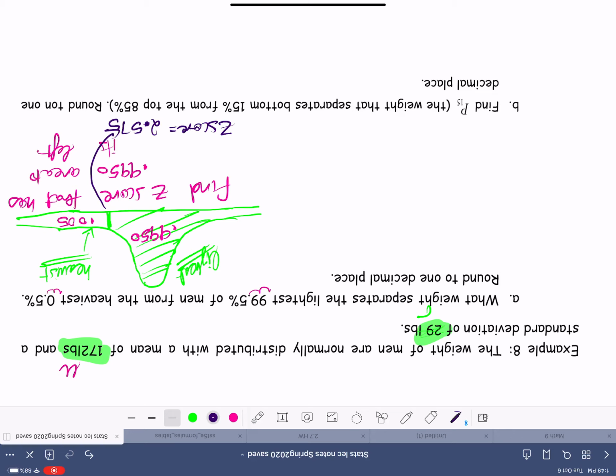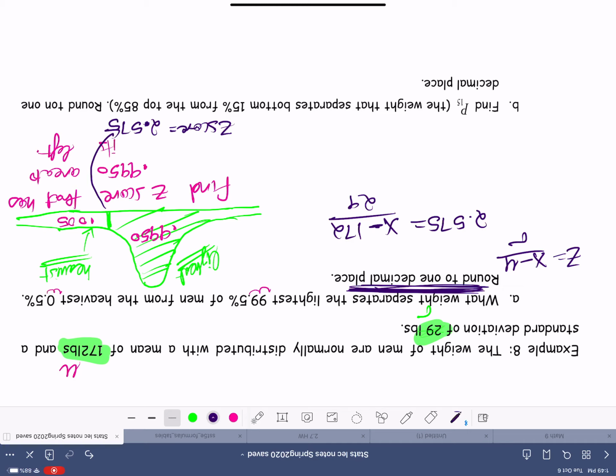So now we actually want to find out the weight, not the z-score. We're going to use the z-score formula, which says the data value minus the mean divided by standard deviation is the z-score. So z-score is 2.575. We don't know the data value, we're looking for it. Minus the mean is 172, standard deviation is 29.